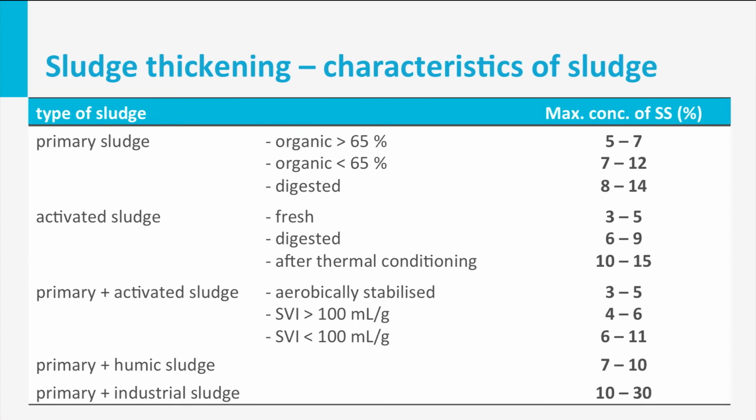This table shows, for instance, the impact of digestion on the achievable solids content of both thickened primary sludge and secondary sludge. The general observation is that the highest dry solids concentrations can be achieved with stabilized sludge that is characterized by a low organic matter content and a low sludge volume index.